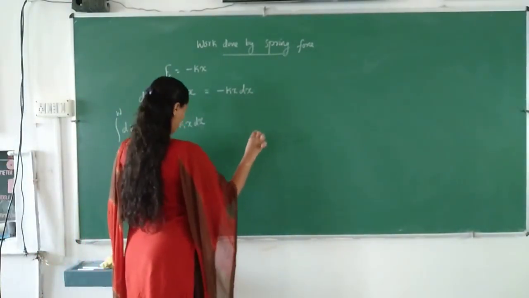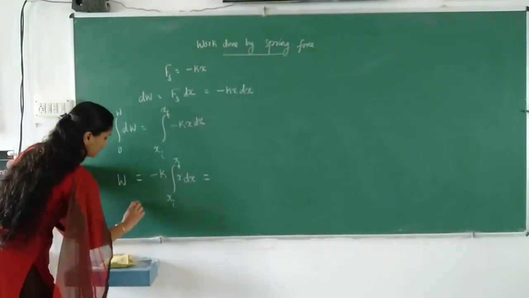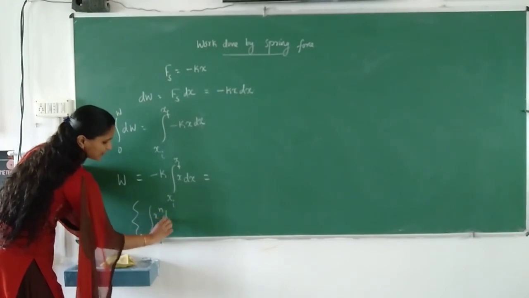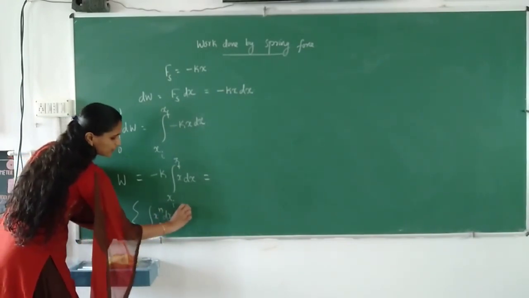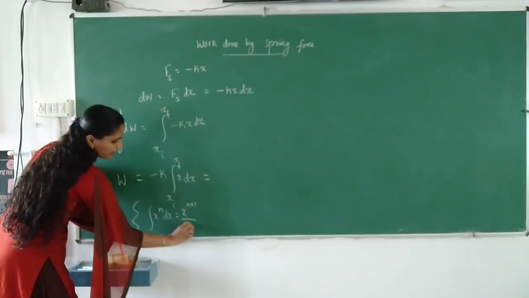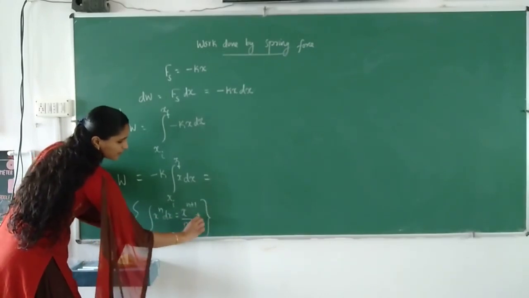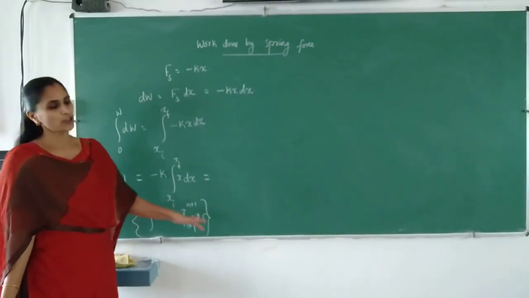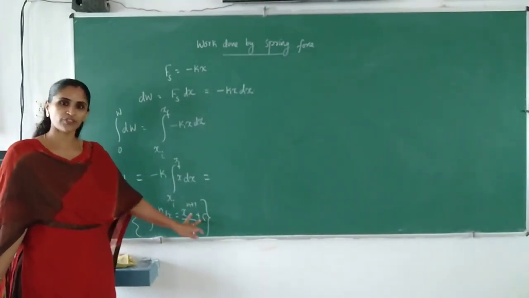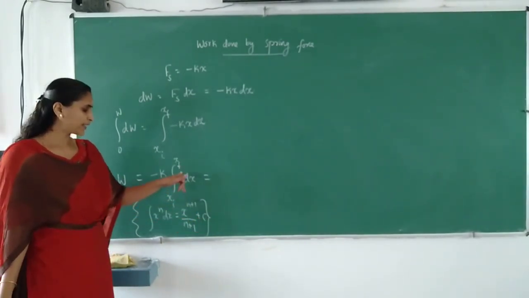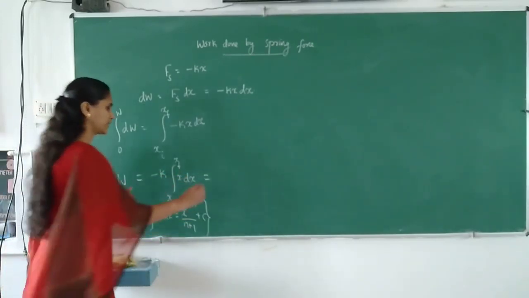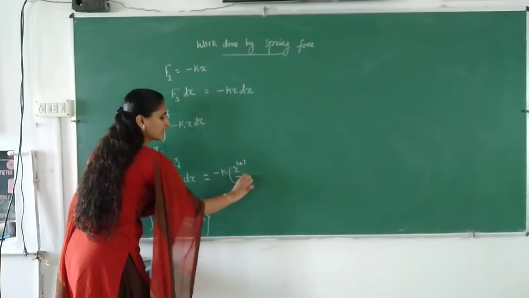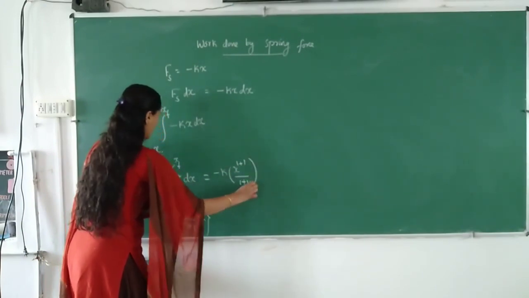You already know: the integral of x raised to n dx is equal to x raised to n plus 1 by n plus 1, plus the constant of integration. Since we are applying the limits, there is no need to worry about the constant of integration. So the integral of x raised to 1 dx gives x raised to 1 plus 1 by 1 plus 1.